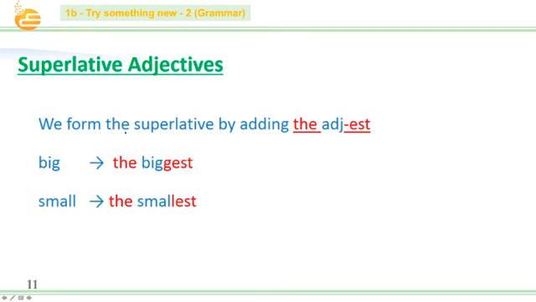Okay. Superlative. We have comparative, and now we are talking about superlative. What do I mean? We form the superlative by adding "the" and EST, like this one. Big, the biggest. Small, the smallest.